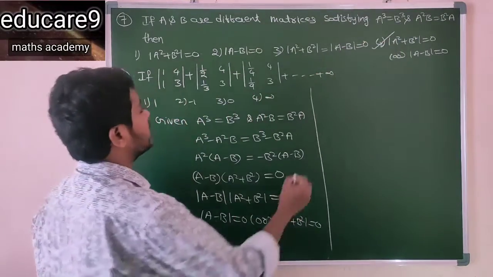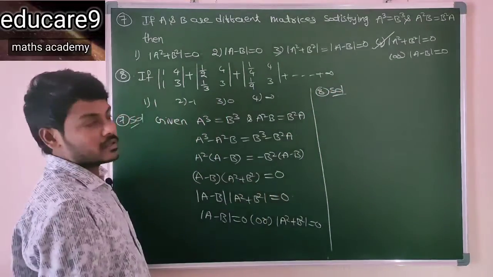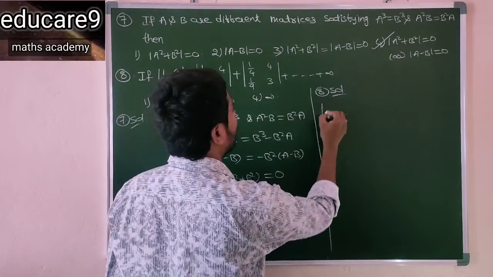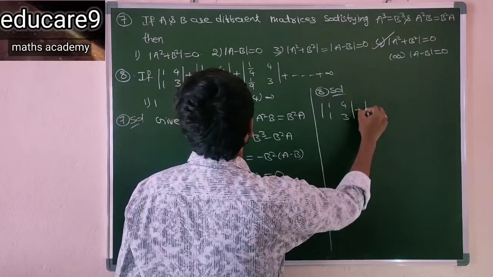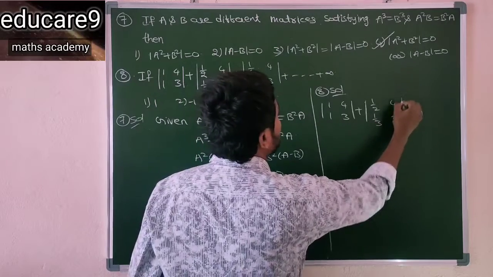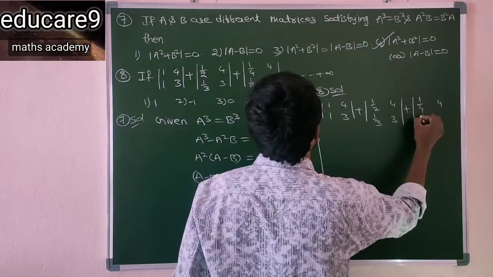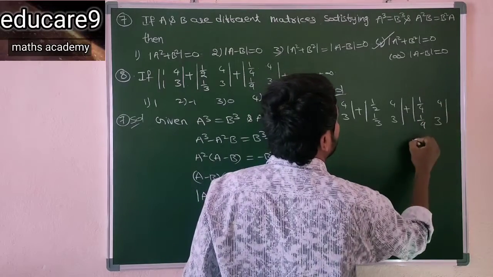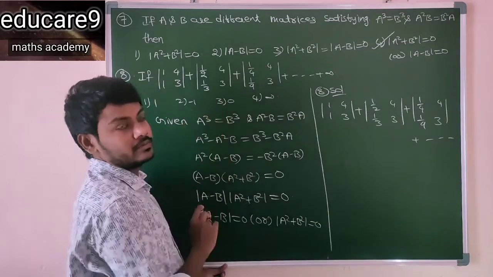So next, let's see the 8th one. Given determinants are [1, 4; 1, 3] plus [1/2, 4; 1/3, 3] plus [1/4, 4; 1/9, 3] and so on. Now find this value.